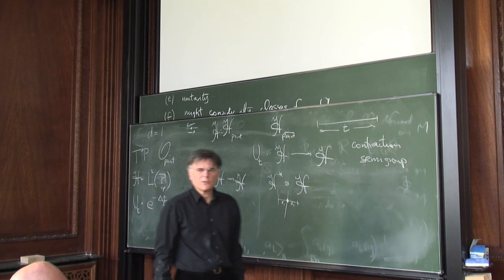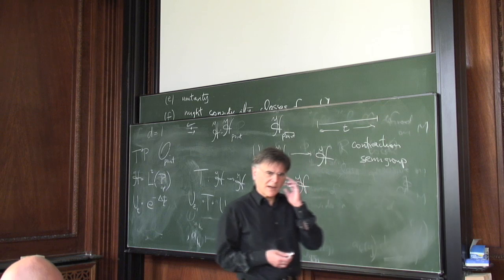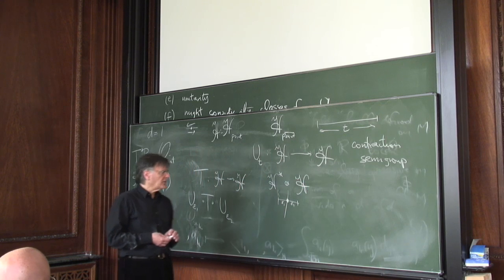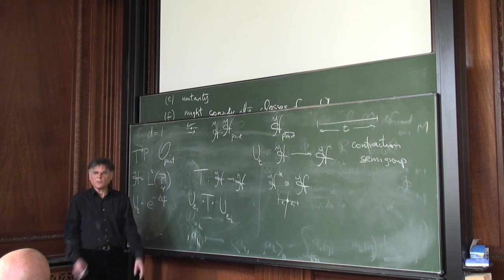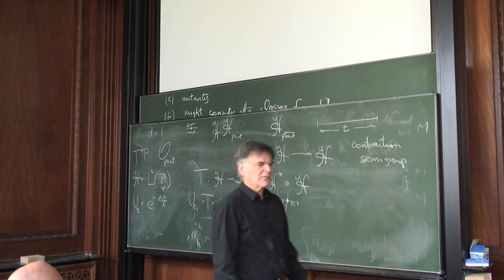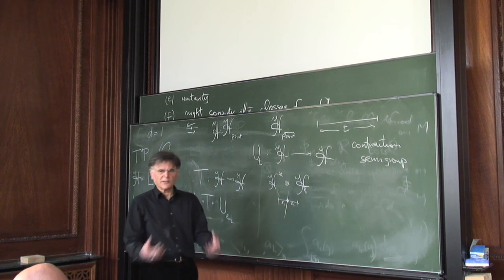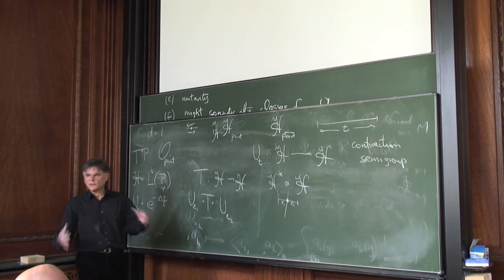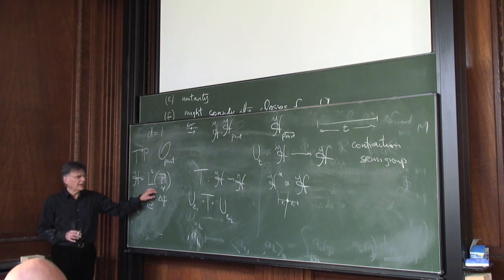And I'm sure you're all familiar with the famous discussion of Mark Kac about hearing the shape of a drum. It's a famous problem, of course, how much you can determine about a Riemannian manifold when you know the spectrum of the Laplace operator. You can certainly determine the dimension of the manifold, you can determine its volume, you can determine lots of things, but you don't determine it completely.